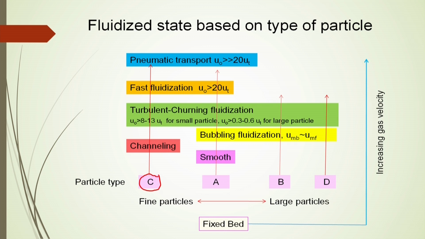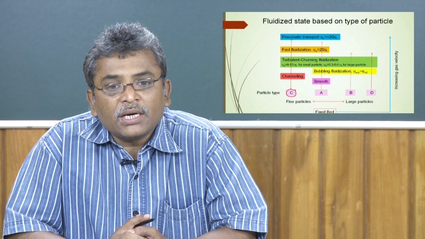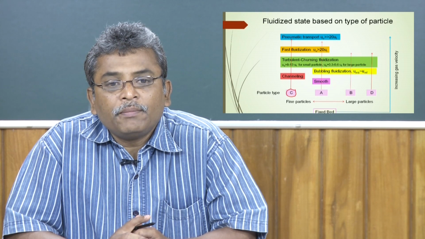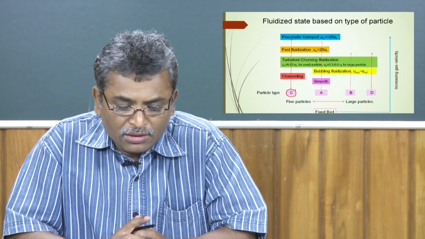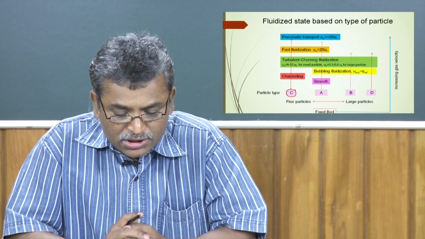You can also get fast fluidization if the gas velocity is greater than 20 times the terminal velocity, and you can get pneumatic transport, which will of course be at velocities greater than 20 times the terminal velocity of the particles. So with C type particles you may expect channeling, turbulent churning, fast fluidization, and pneumatic transport.